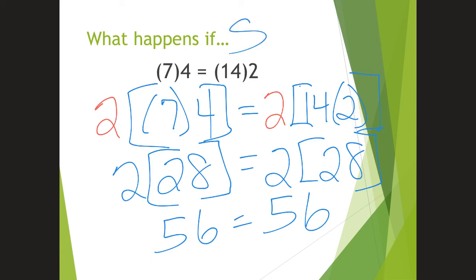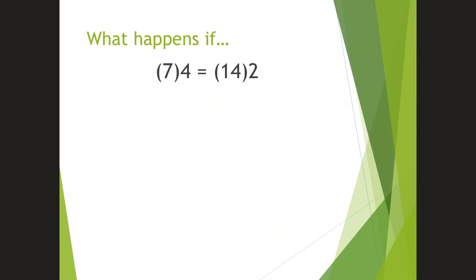So again, I am still balanced. So one more case. What happens if instead of adding, I want to divide? So I'm going to take 7 times 4 and divide it by 2.